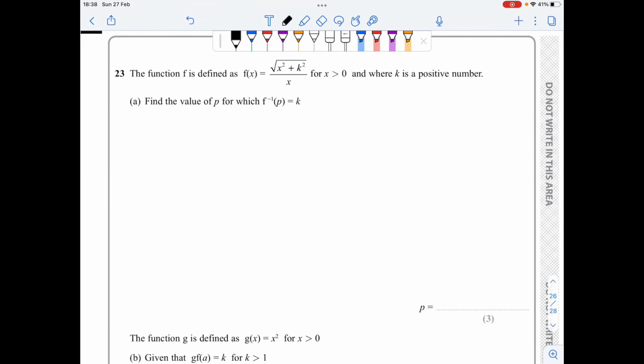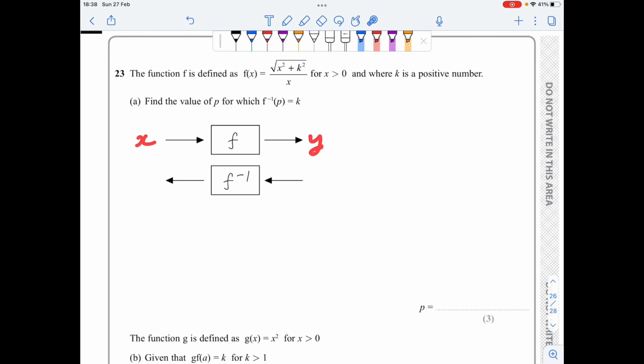For part A of the last question, I'm going to use a trick. Let's see the relationship between 2 functions, f and the inverse of f. Now, if f takes x and maps it onto y, then the inverse takes the y and maps it back into x. In our case, we don't have x and y.